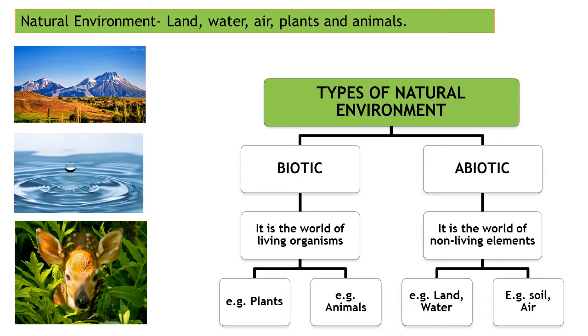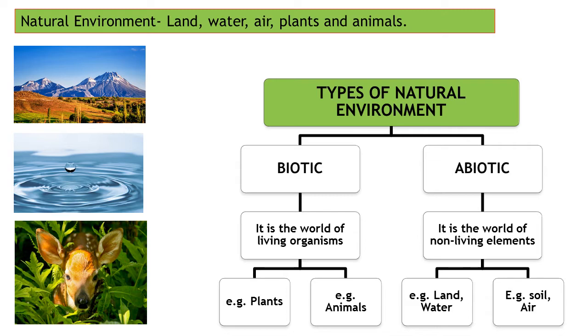Biotic is the world of living organisms. So in our natural environment, we find things that have life and we also find things that are non living. Living beings are part of biotic environment. So plants, animals, insects, bacteria, they are all part of biotic environment.